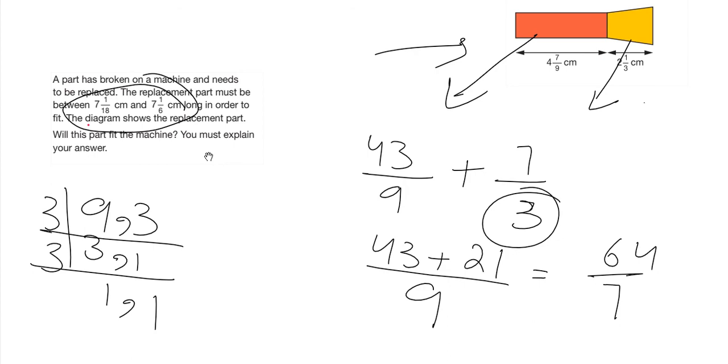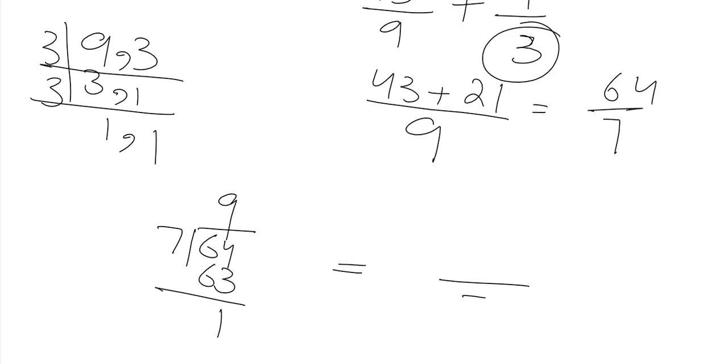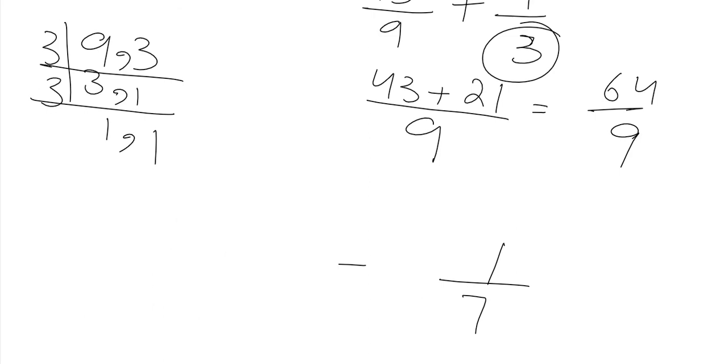And now we have to convert this 64 over 9 into a mixed fraction. And you know that we get 63 when we multiply 9 with 7. Now, over here we have 9, and we have to multiply it with 64.